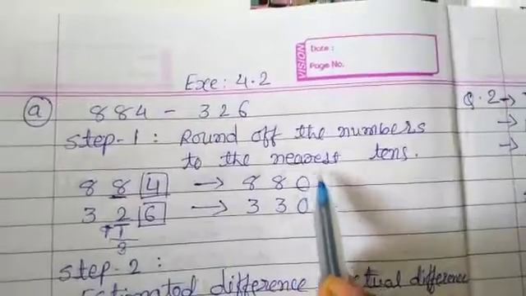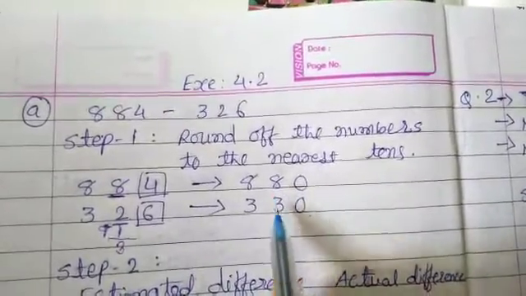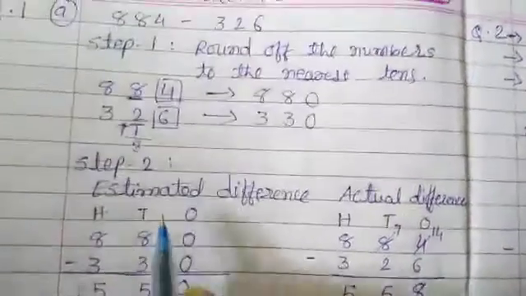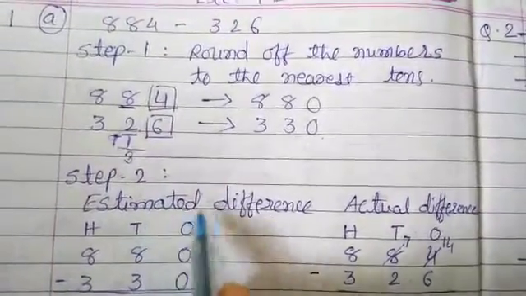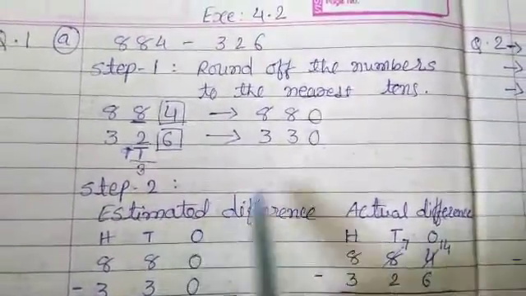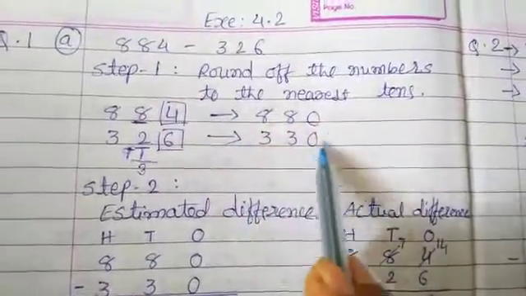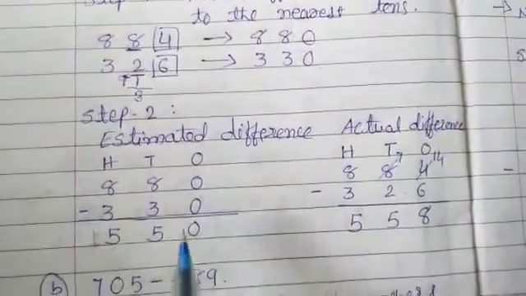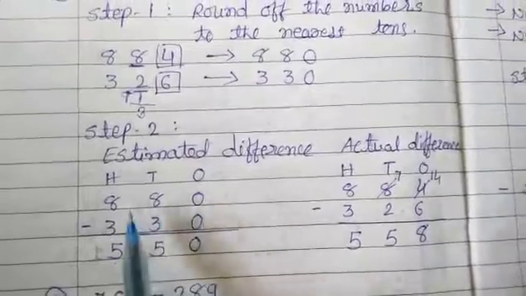So our two rounded off numbers are here. Now in step 2 we will find the estimated difference. For that we will subtract the rounded off numbers, and that will be our estimated difference.